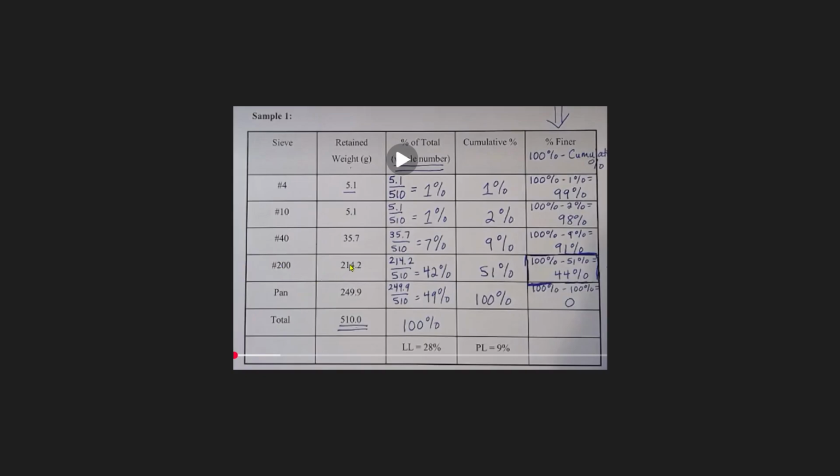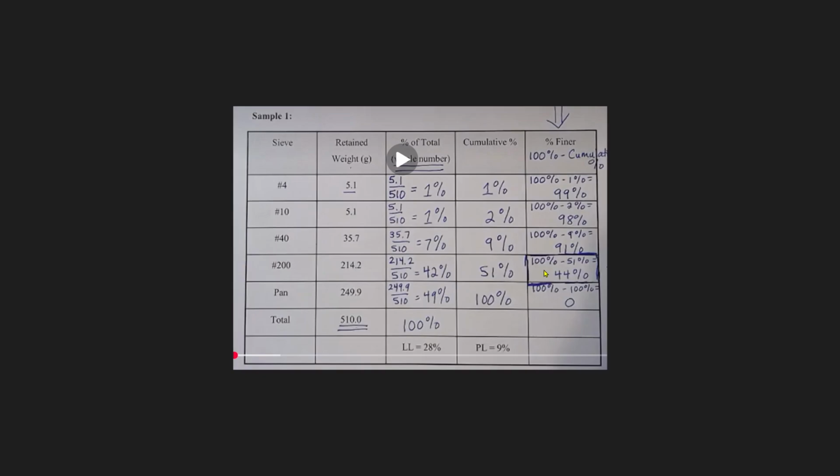Now I'm going to skip ahead a little bit, and this is the culprit we're after right here. We want to know the percent of particles, fines they call them, passing the number 200 sieve. And that's going to tell us whether or not we have a granular soil or a fine soil.